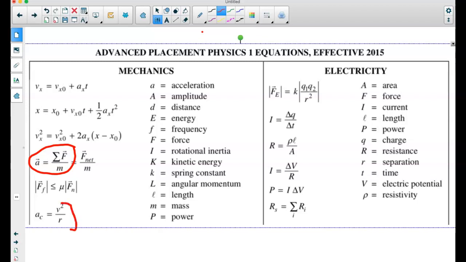The other thing I want to pay attention to is we've got centripetal acceleration on here. So we have a_c, centripetal acceleration, is equal to v squared over r. So what I'm going to do on the next slide is combine these two equations.